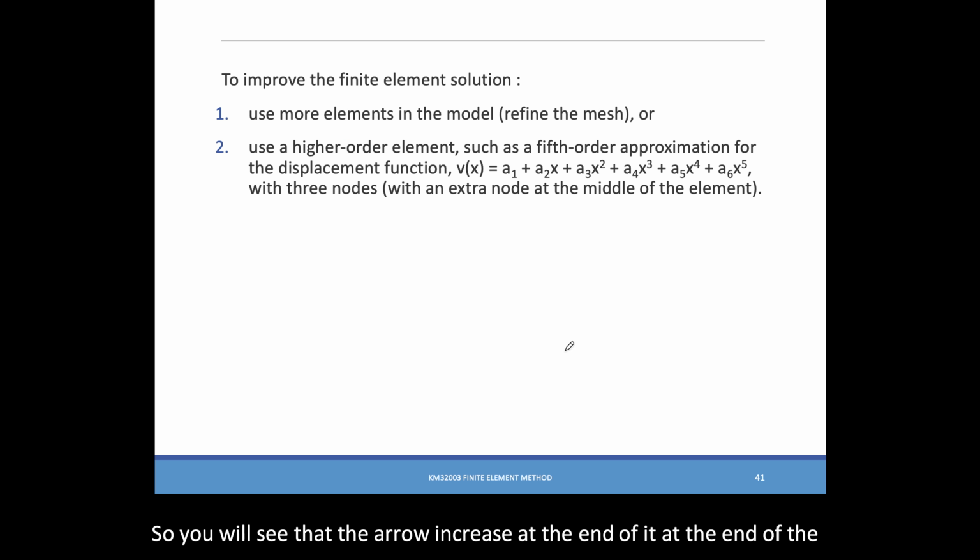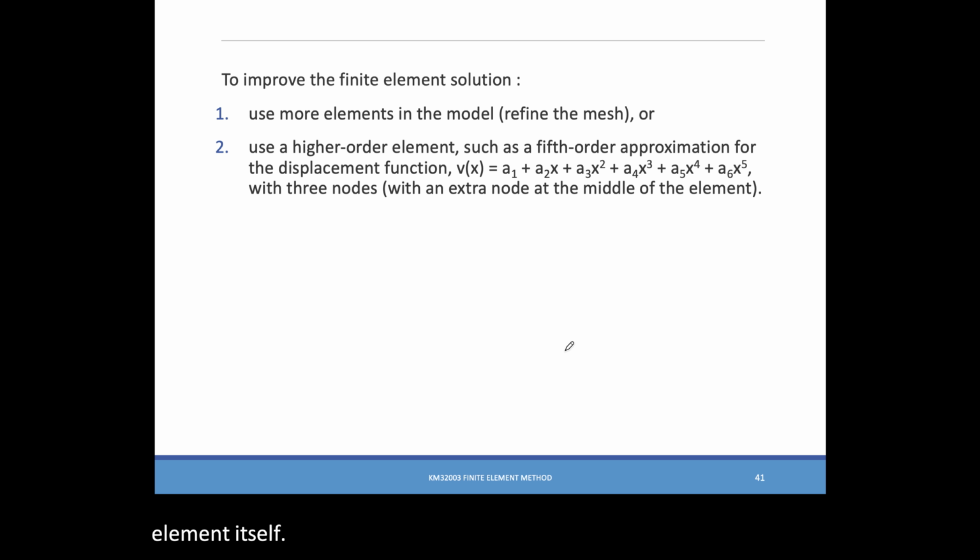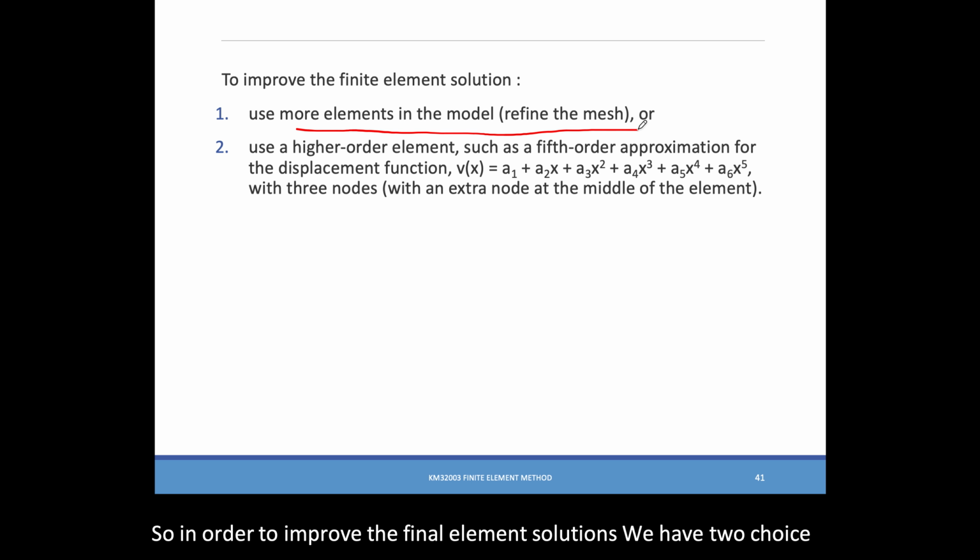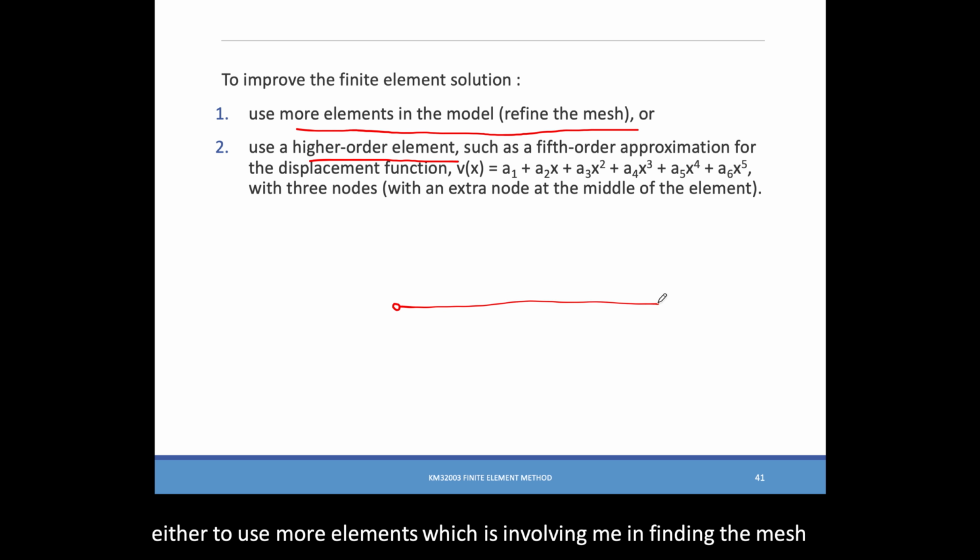So in order to improve the finite element solutions, we have two choices: either to use more elements, which involves refining the mesh locally, perhaps, or to use higher order elements. So for higher order elements we would have elements with a midpoint.